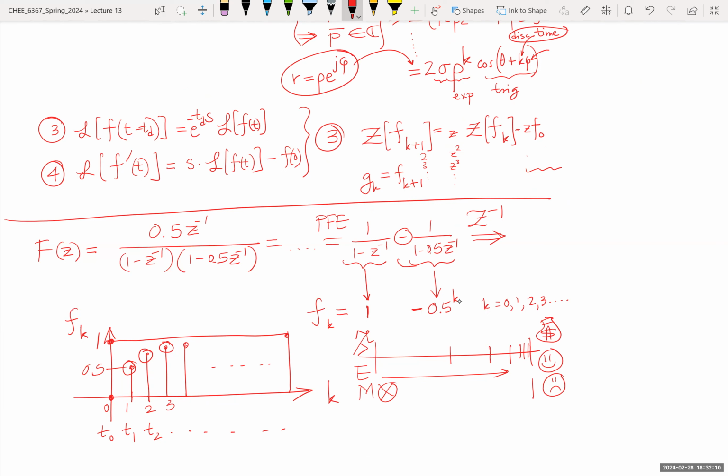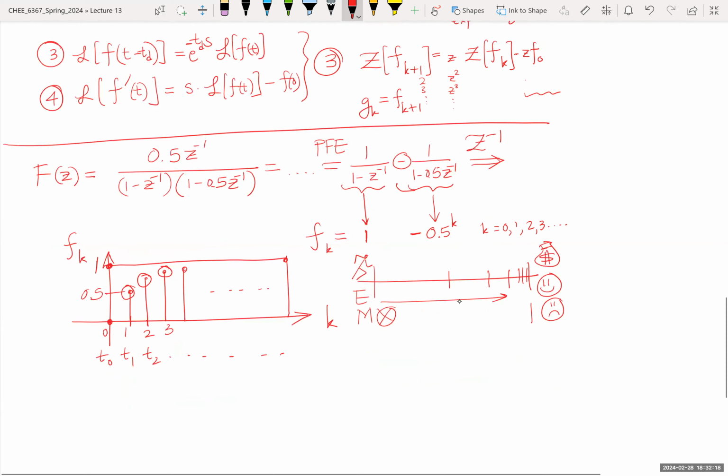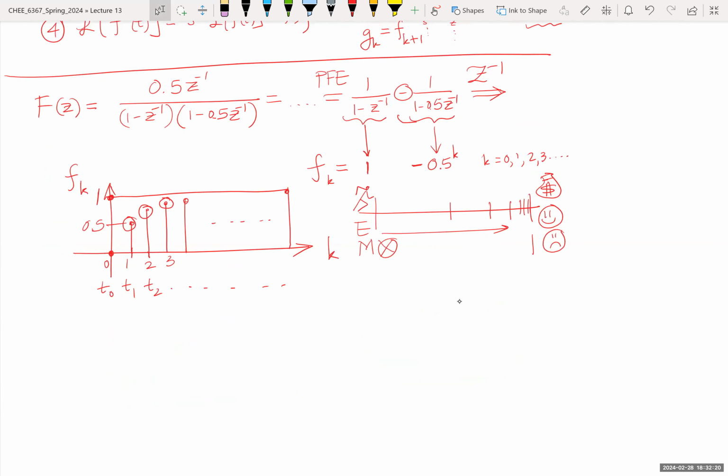And in fact, this example 5 is a nice, simple, innocent example, but we can get more from it because we can interpret this f of z as the response of a simple system to a step change at its input. Let's see that.